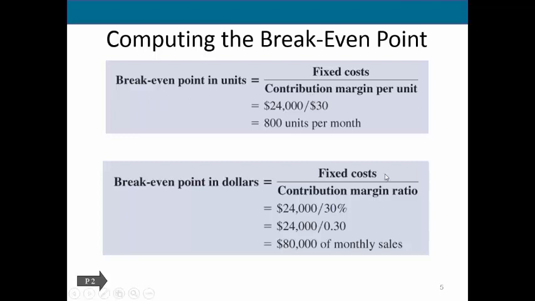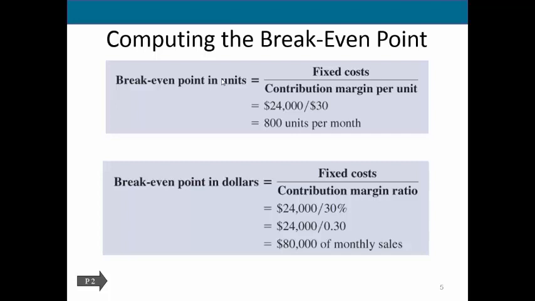Before we get into this, I just want to explain where this is coming from. Now, you do not have to solve for this break-even formula for this class, but I do want to describe how we're getting to it. This break-even point is simply an algebraic rendition of our overall profit formula.